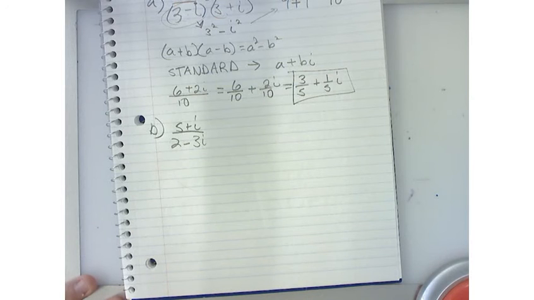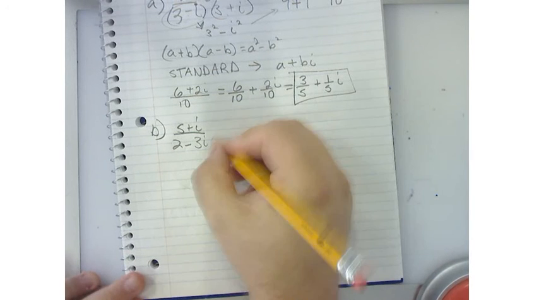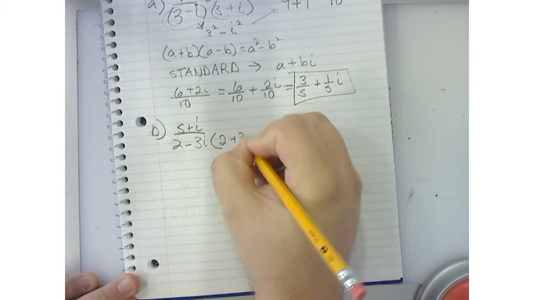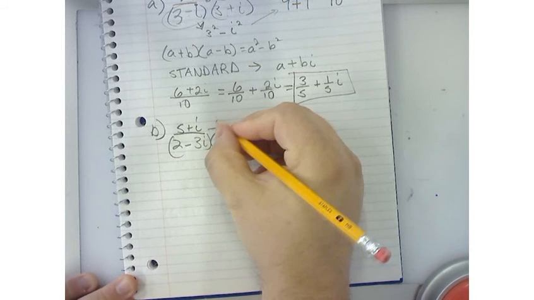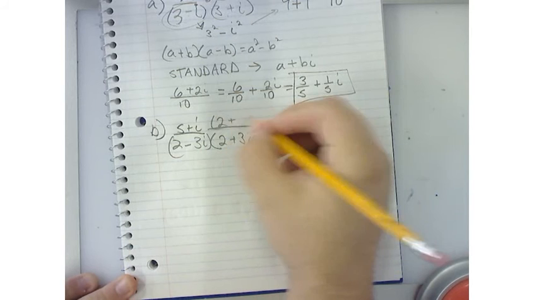I can't have a square root in the bottom, and i is the square root of -1, so what do I need to do? Hit it with a conjugate. I'm going to say 2 plus 3i times the stuff down here. Whatever I multiply the bottom by, I also have to multiply the top by.